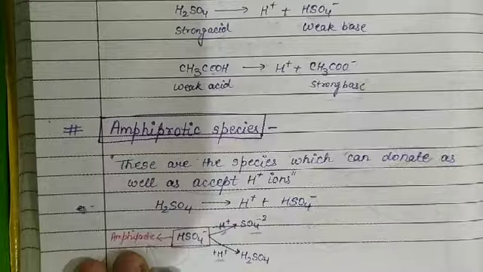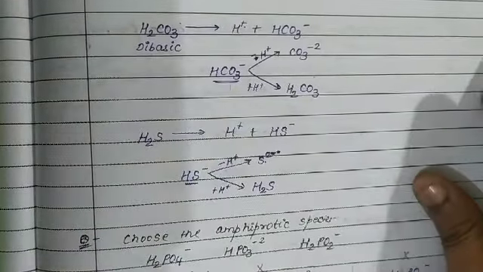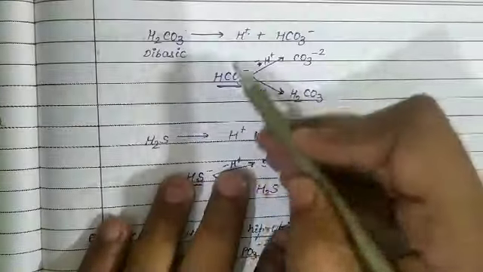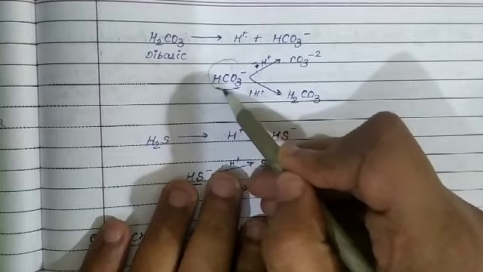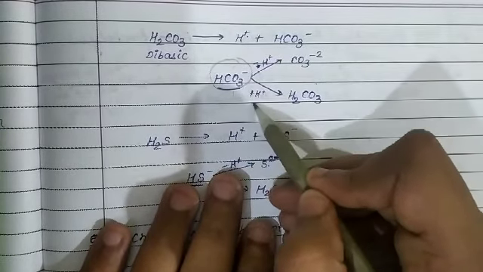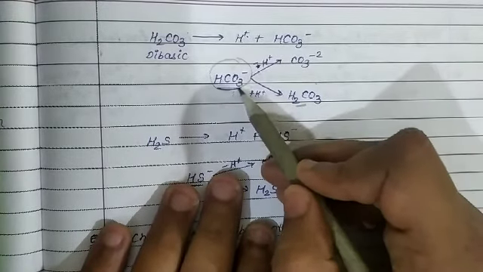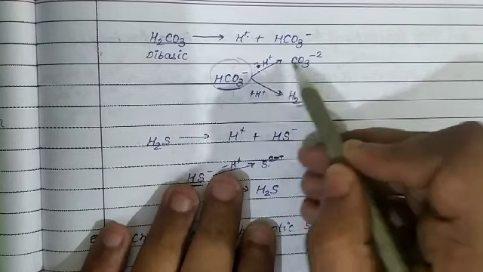See, for example, the next example is when we have HCO3-. When the HCO3- ion gains a proton, it forms H2CO3. And when HCO3- loses a proton, it forms CO3 2-.